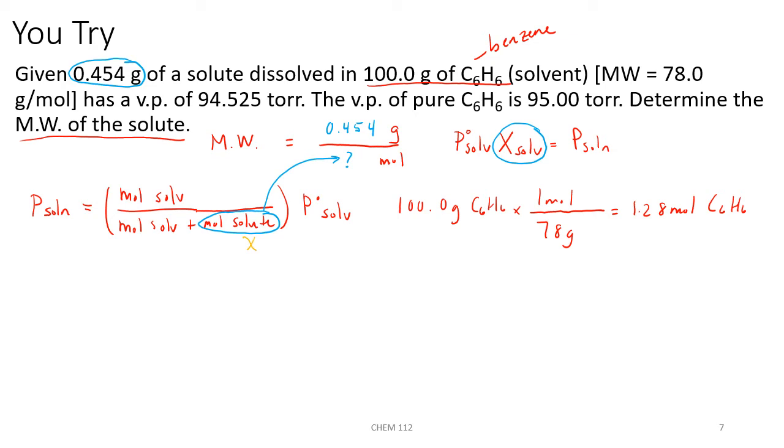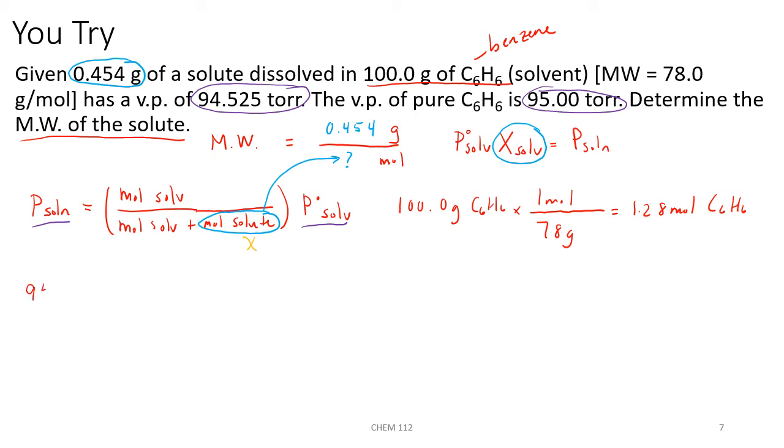We can plug in everything else as well. 95 torr is the vapor pressure of our pure solvent, so P0 solvent, and 94.525 torr, which is a little bit lower, is the vapor pressure of our solution.